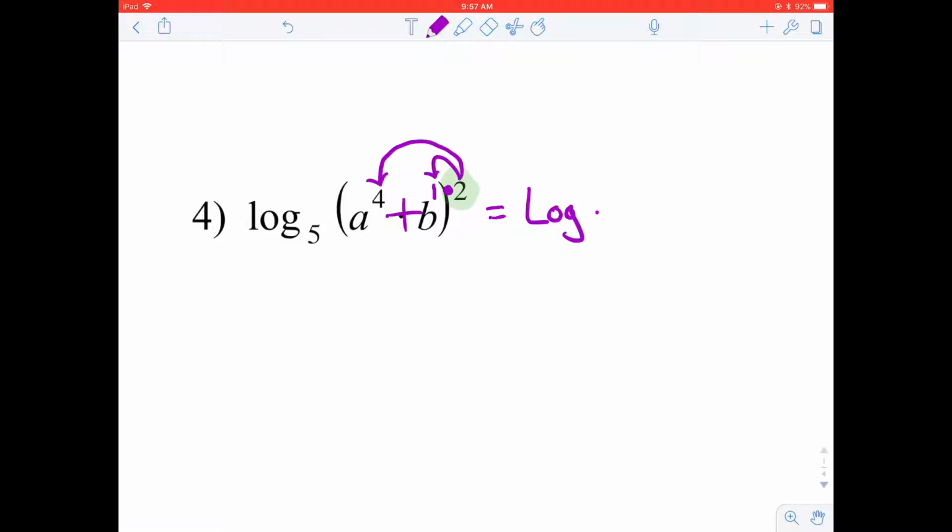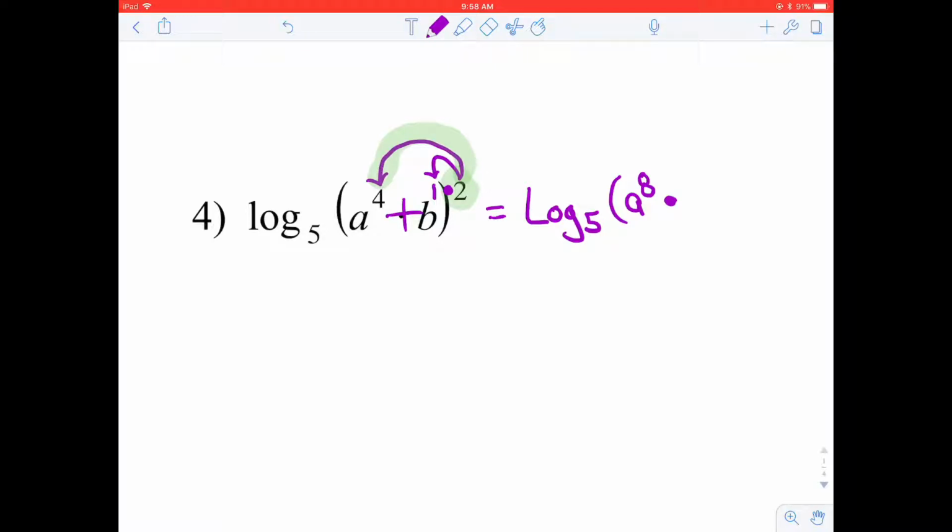So we're going to distribute that 2 and then show with our new exponents. So we have log of 5, and then a to the 4th, I'm going to take that 2 and multiply it by the 4, and so I have a to the 8th.